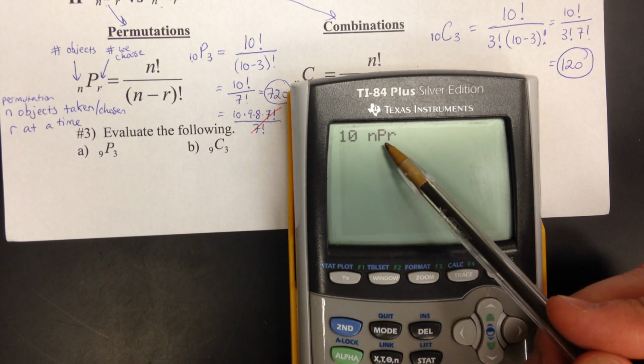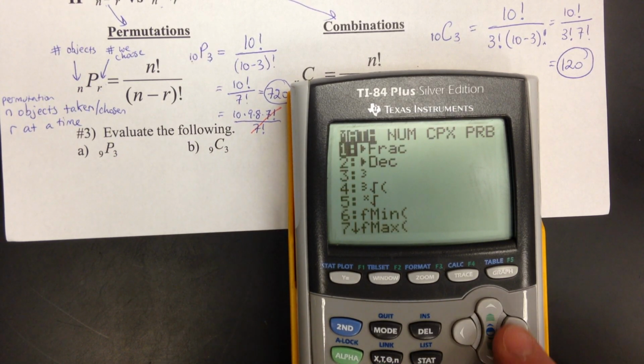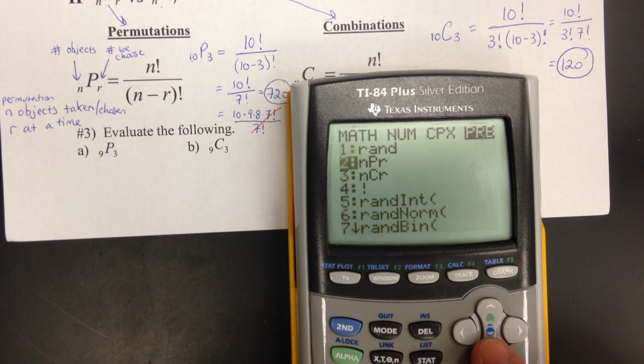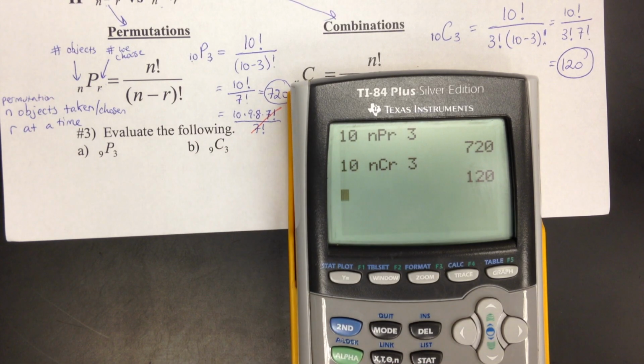So 10, permutation, and I'm going to type 3. We're going to choose 3 of them, and that gives us 720. Now, if I want to do the combination, I can go 10, and then math, over to probability. Combination is nCr, so 10 objects chosen 3 at a time, and there's your 120. So you can actually calculate these pretty fast.